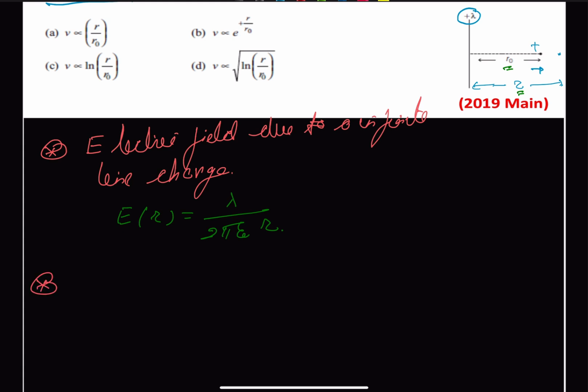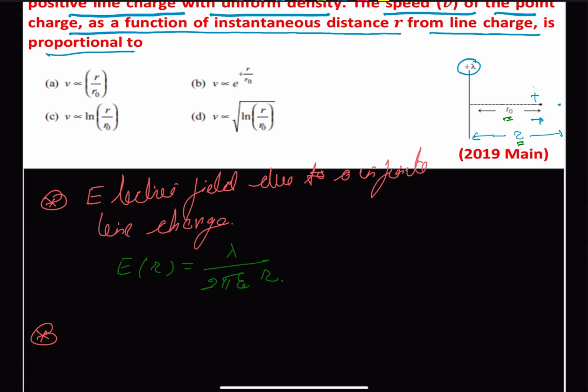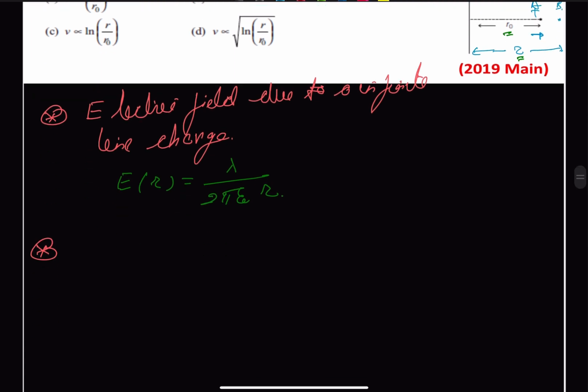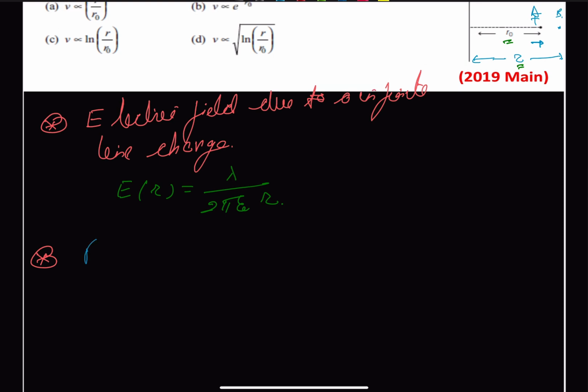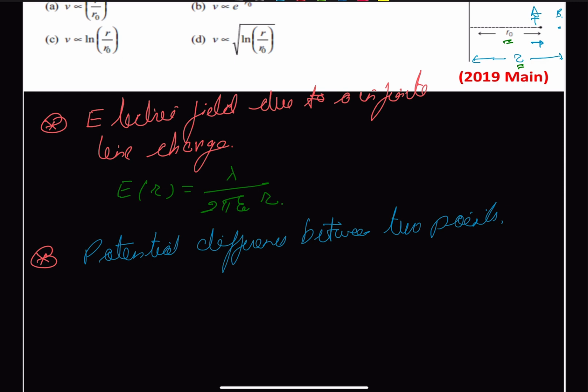Let us put this point as A and this point as B. The potential difference between the 2 points is V of r minus V of r0, which equals minus the integral from r0 to r of E of r prime times dr prime.